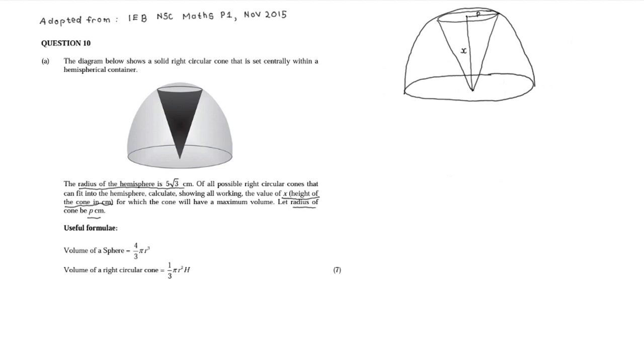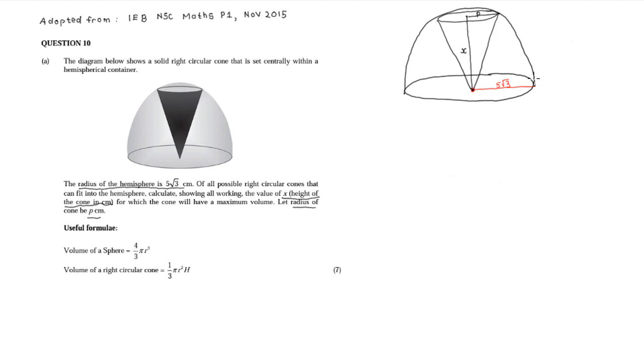The center of this hemisphere is at the apex of this cone, so from the center to the circumference is 5 square root 3. That's the radius of the hemisphere. But notice that this radius can move around the entire circumference of the hemisphere, so it would be necessary to label a useful radius.